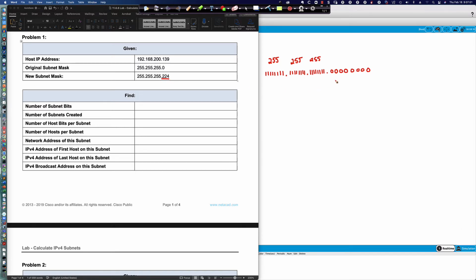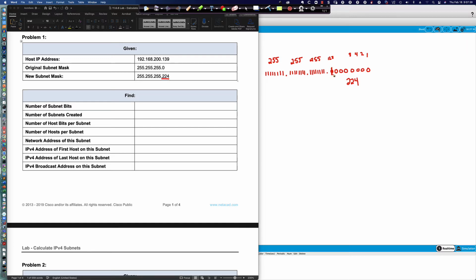Now, this is where our binary to decimal values are based on the location of the bits. Remember, the first, lowest order bit has a value of 1, and then 2, and then 4, and it just doubles all the way up to 128. So if we have a 224 as the decimal value in the final octet, what that means is we are borrowing the host bits to turn them into network bits.